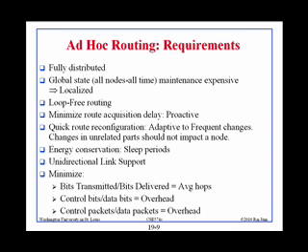Energy conservation, sleep periods. So we have to worry about when the nodes are sleeping and then they will wake up and then the links will become available. Unidirectional link support. And sometimes the links are one direction. I can reach you, but you cannot reach me. It could just be in the transmission power.